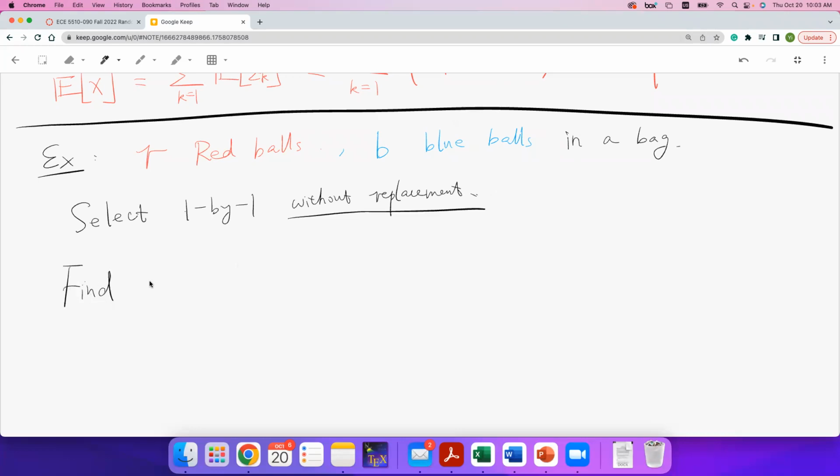Find these expectations. The number of red balls that come up before the first blue ball.